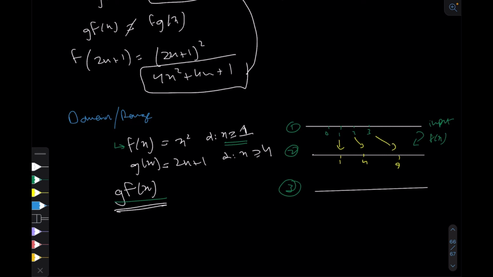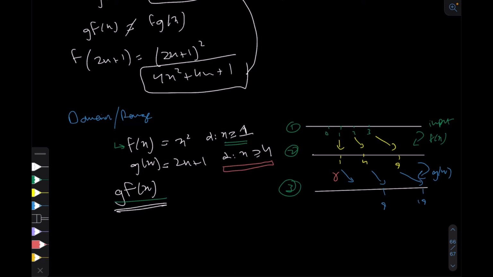All right. And now these values will go through g of x, right? So if it was 9, it will go to 19. If it was 4, it will go to 9. And if it is 1, well, actually, it will go nowhere. And the reason it will go nowhere is because of this.